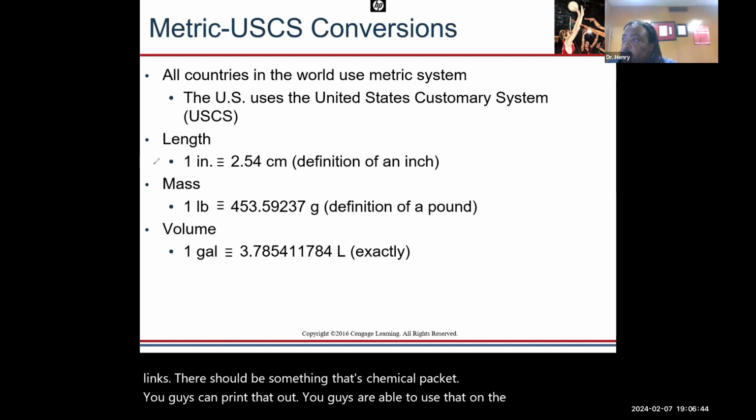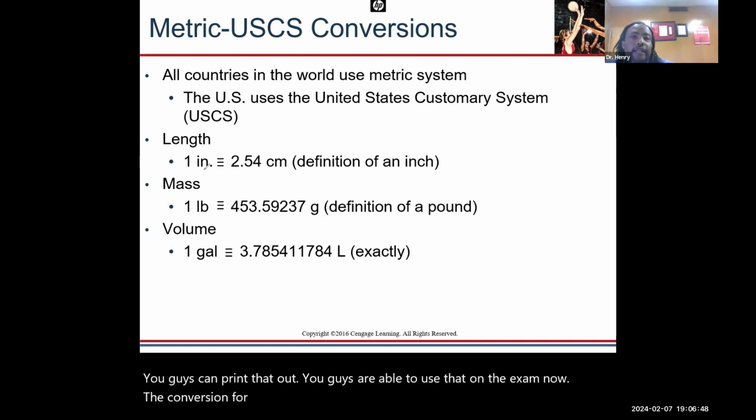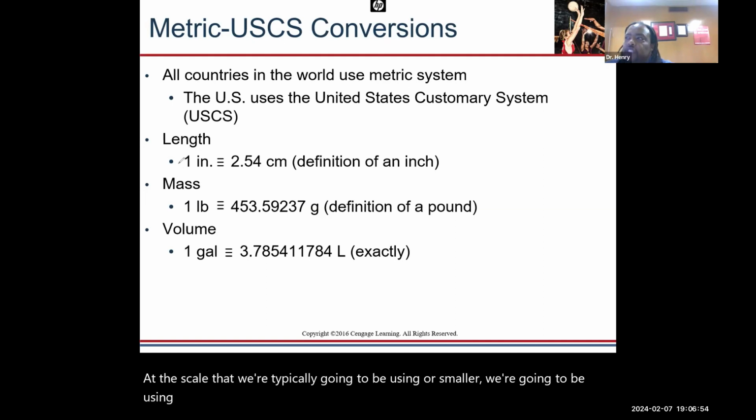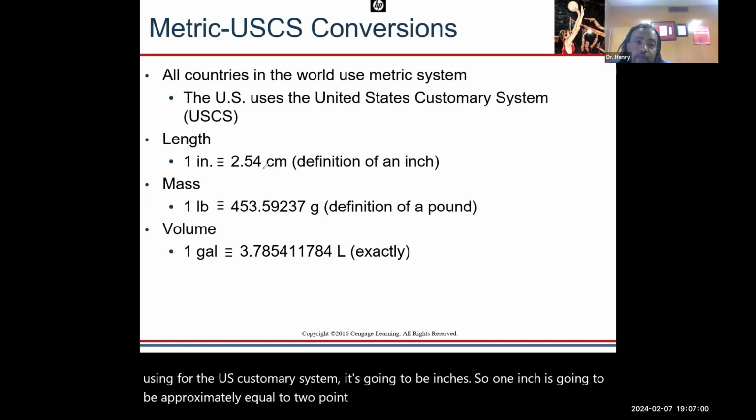Now, the conversion for length, at the scale that we're typically going to be using or smaller, for the US customary system, it's going to be inches. So 1 inch is approximately equal to 2.54 centimeters.